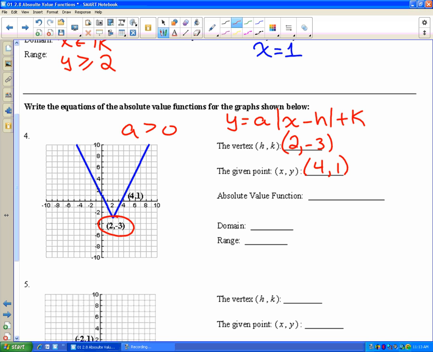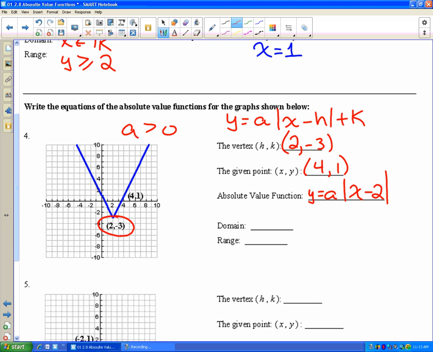So the absolute value function is y is equal to a times the absolute value of x minus the x coordinate of the vertex, 2, plus k, the y coordinate of the vertex.